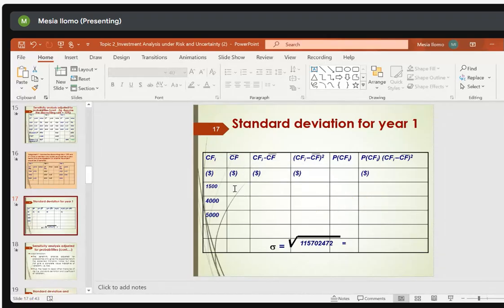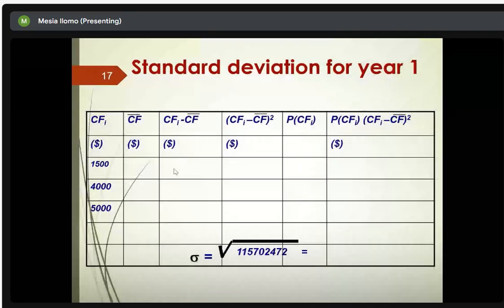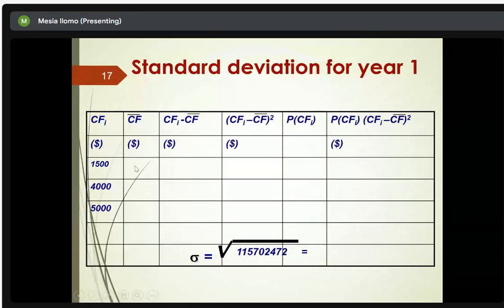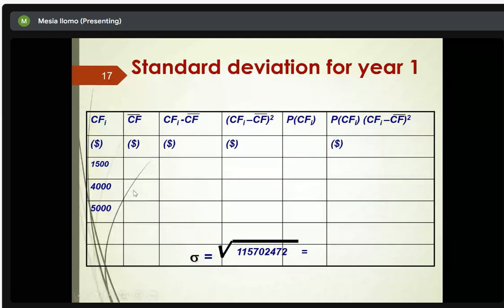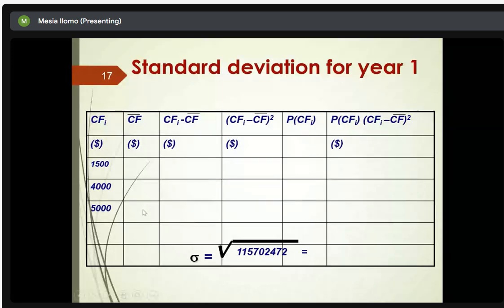So what is going to be here, if I ask you? 3,800. Okay, so you know what this means.